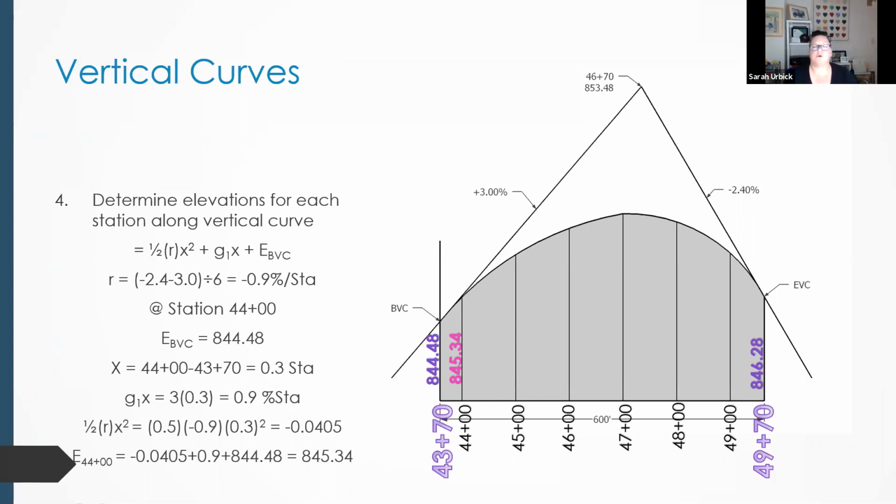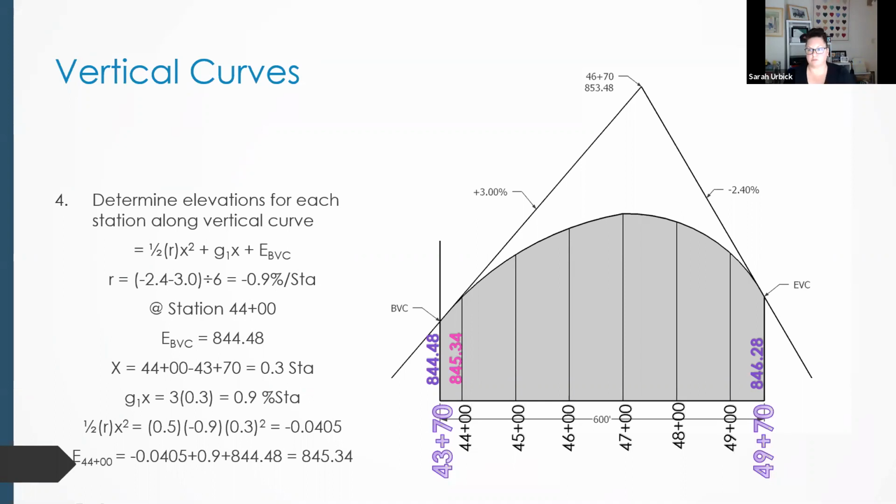Our formula for our rate of slope change over distance is G2 minus G1 divided by our overall number of stations. So G2 is a negative 2.4.